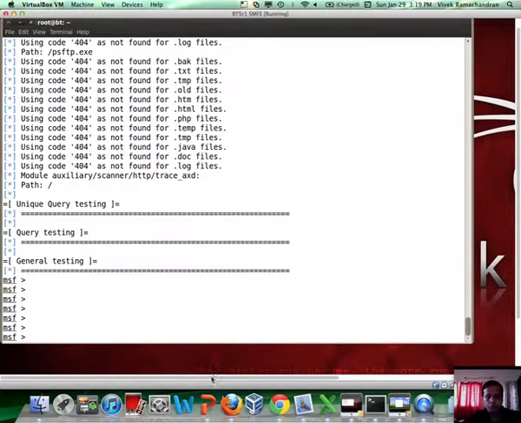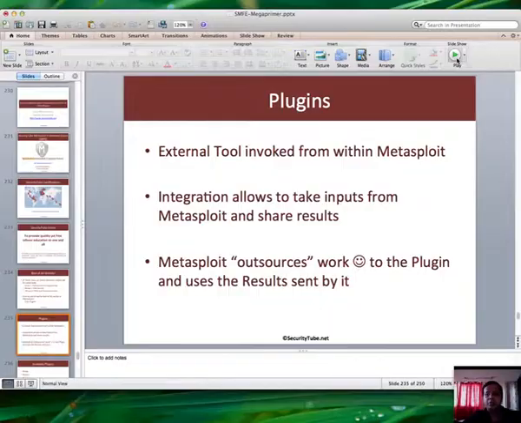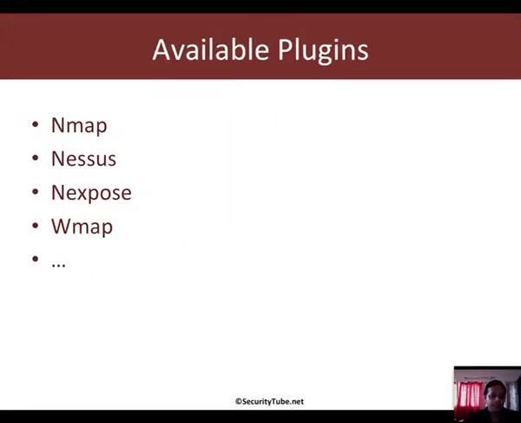Okay, so coming back to our slides, if you notice, this core functionality which we just talked about was all inside WMAP, but we were running it from within Metasploit, and there was data sharing happening. Similarly, you can do the same with Nexpose, Nessus, Nmap, and a bunch of other tools, right?